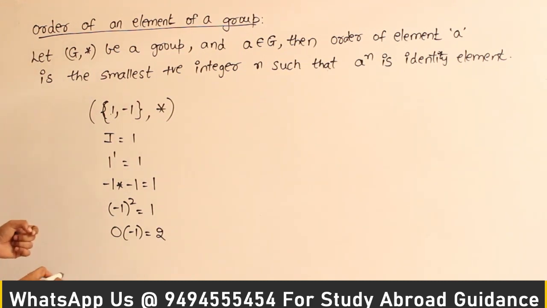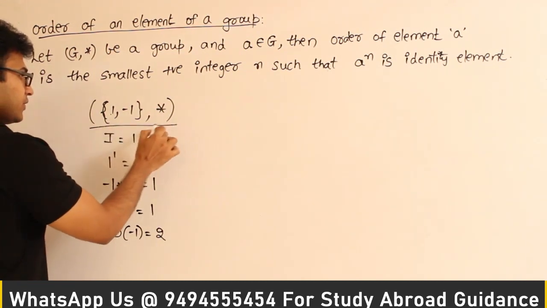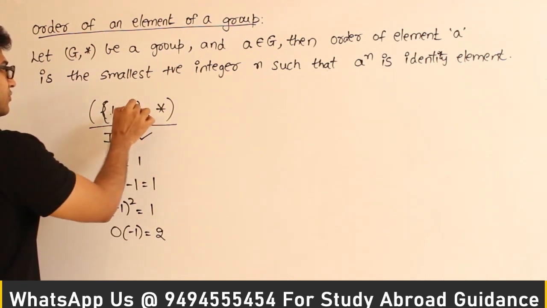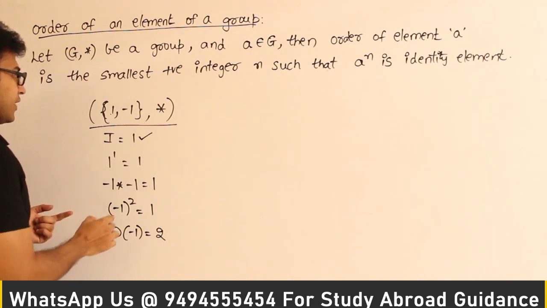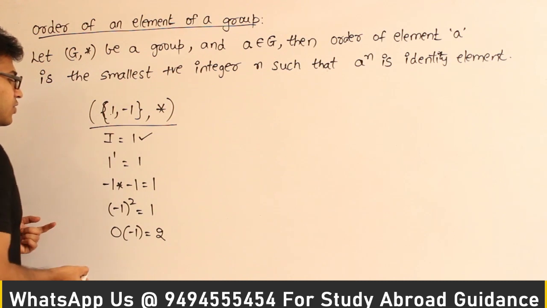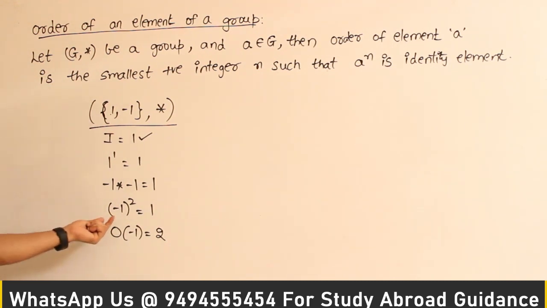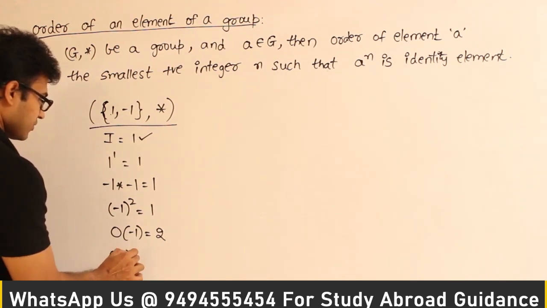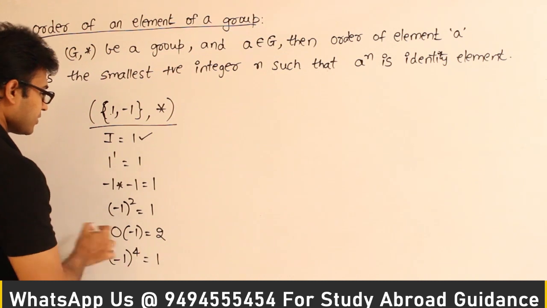So what is an order? If you have a group, then you will have an identity element. Now if you take an element and raise it to some power, then you are going to get the identity element. The smallest such number is called the order. So for example, order of minus 1 is 2, but you can even find that (minus 1) power 5 is also equal to the identity element 1.